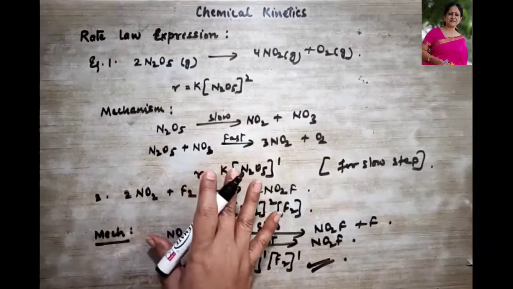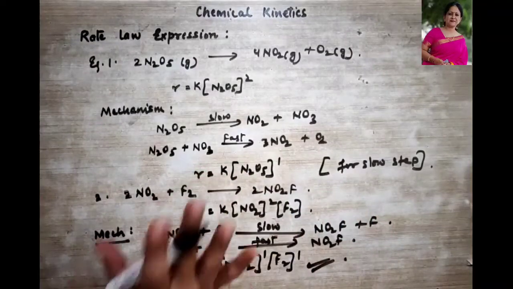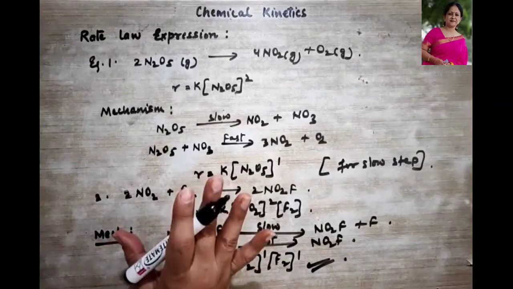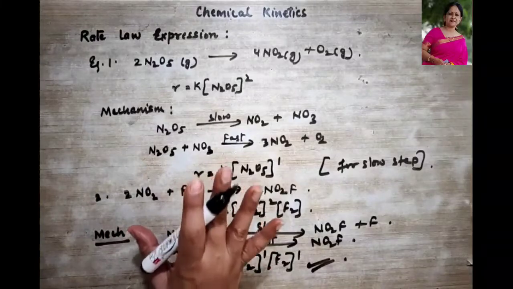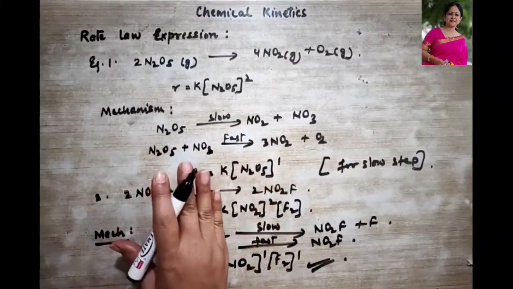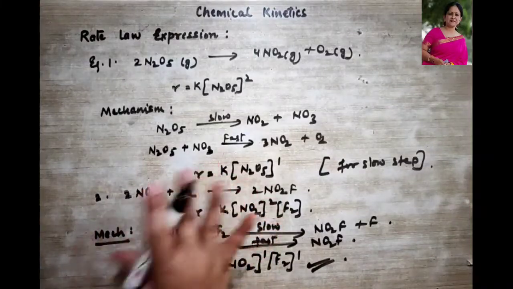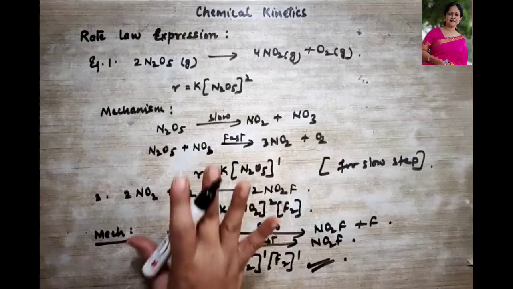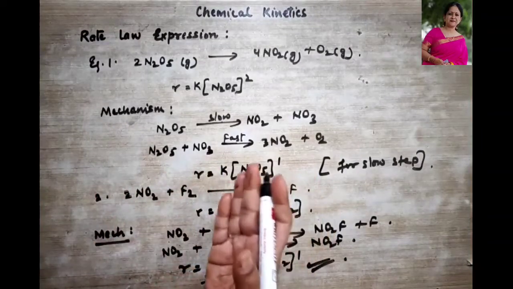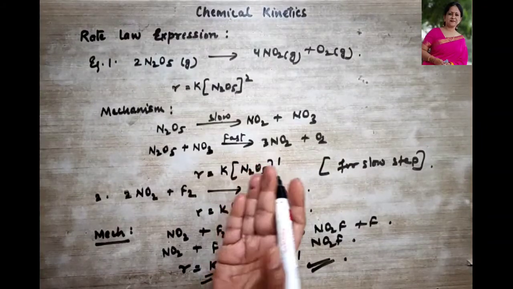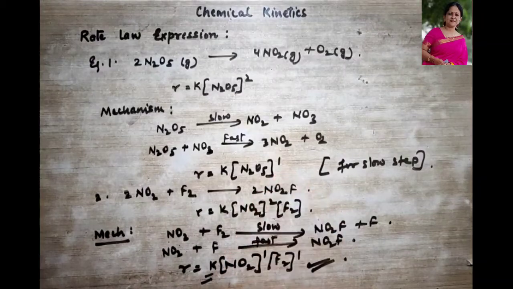It is always equal to the rate of reaction when the concentration of each of the reactants is unity, right? So this rate constant of a reaction always has a definite value at a particular temperature, and its value always increases with the increase in temperature and does not depend upon the initial concentration of the reactants. Now some of the characteristics of K: higher the value of K, greater will be the rate of reaction.